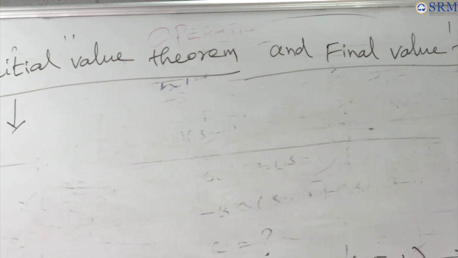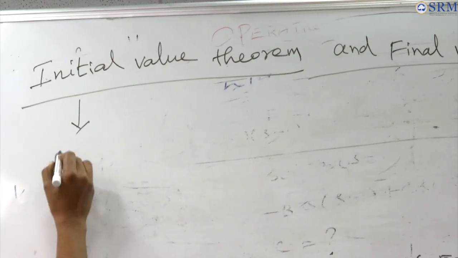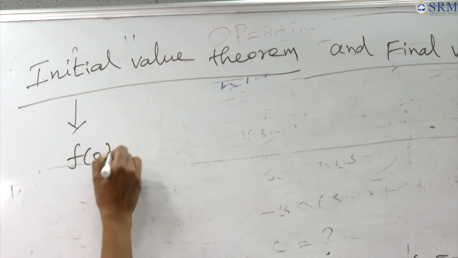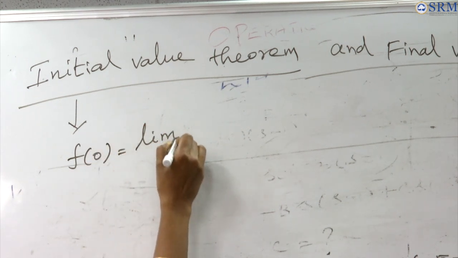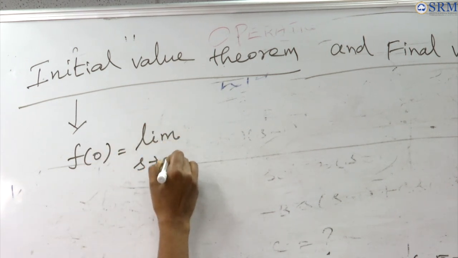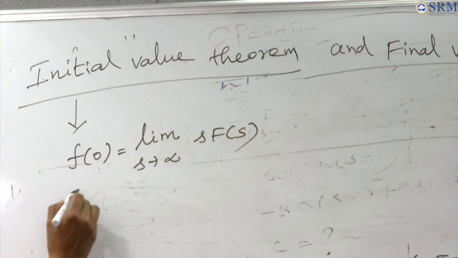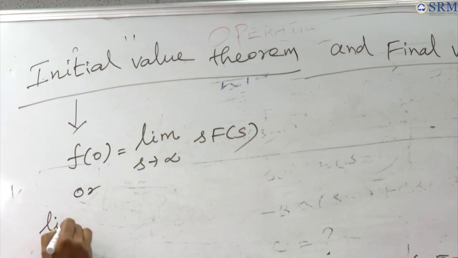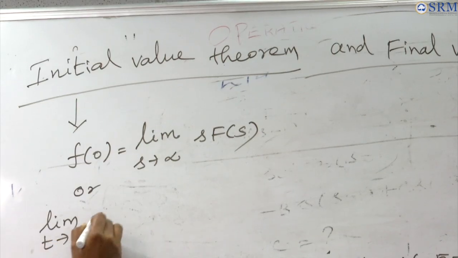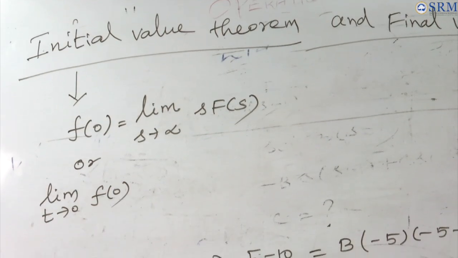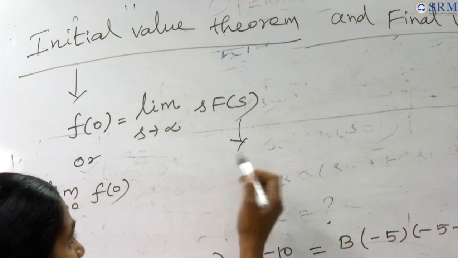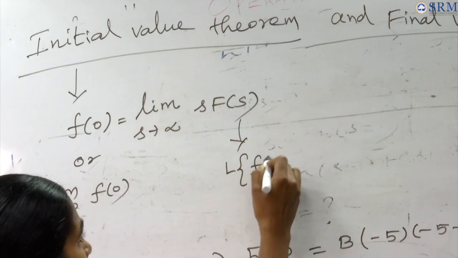In the statement of initial value theorem, f of 0 is equal to limit s tends to infinity s into F of s, or here written as limit t tends to 0 of f of t. F of s is nothing but the Laplace transform of f of t.